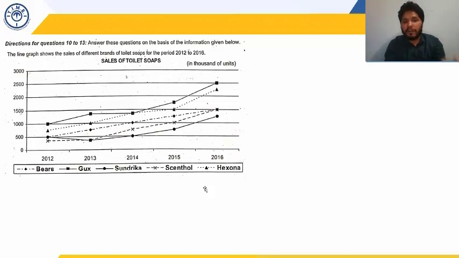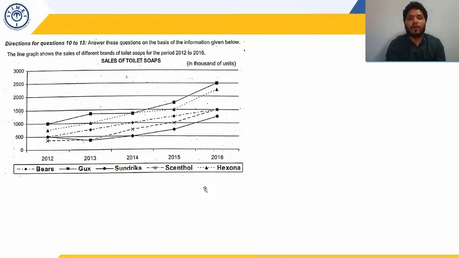Whenever this kind of data is given where we are not sure, we can take any value. We can take 450, we can take 449, but we will take the convenient value. So instead of taking 450, we will take 400 because our calculation will be easy. Or we can take 300, depending upon calculation. It will not impact the answers of the questions which will come.